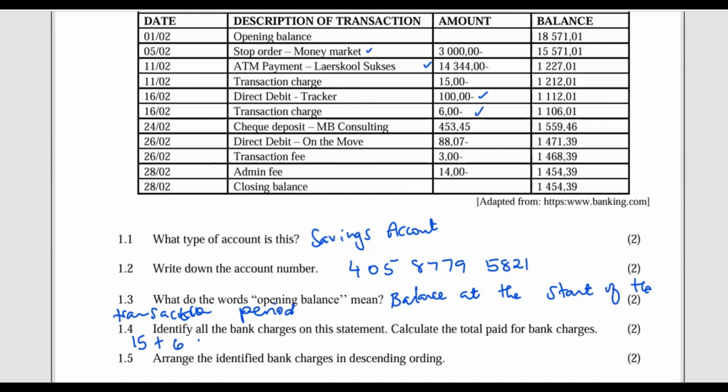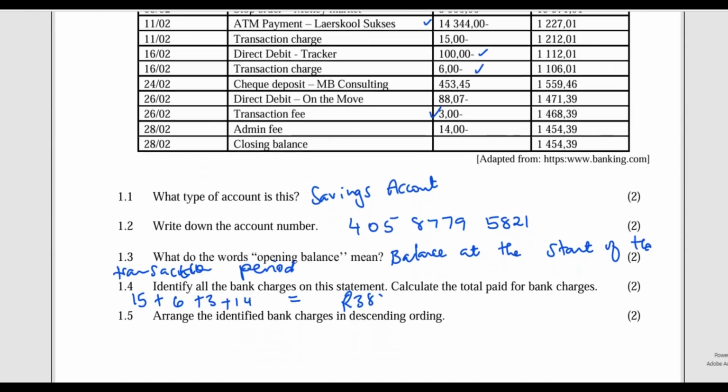Then there's a check deposit, and a direct debit, and then this transaction fee, which is a +3. But now we also have this admin fee. This admin fee is also a bank charge, because the bank takes it away. If that is correct, we just have to add those and we get our answer. That's 20 plus 18, which gives us 38 rands in bank charges.